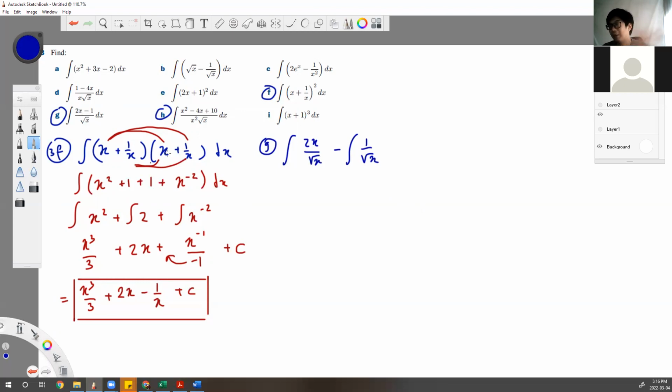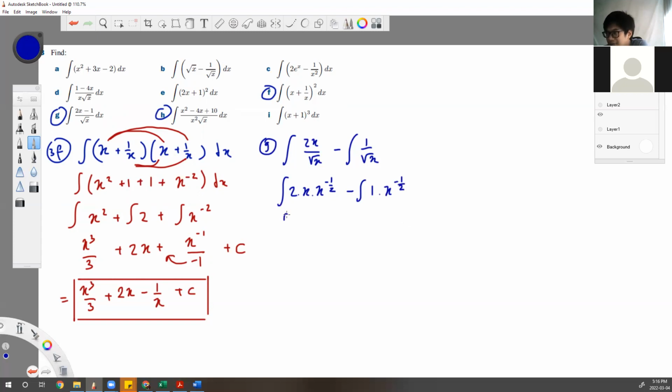Do it one by one. 2x times x power negative half, right? Because square root is half, and if you change the denominator to the numerator, it becomes negative. This also is 1 times x power negative half, right?